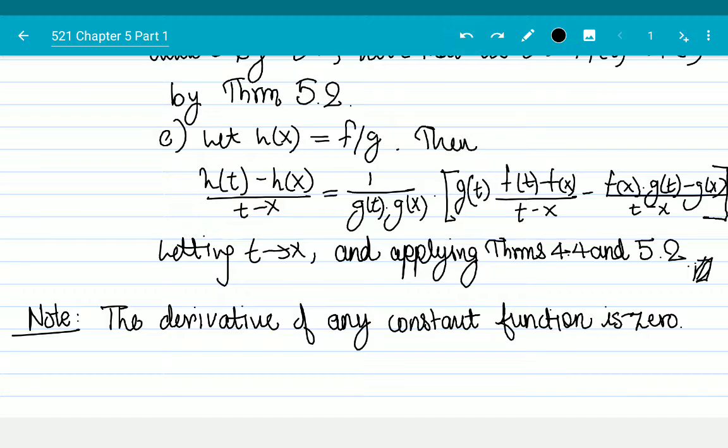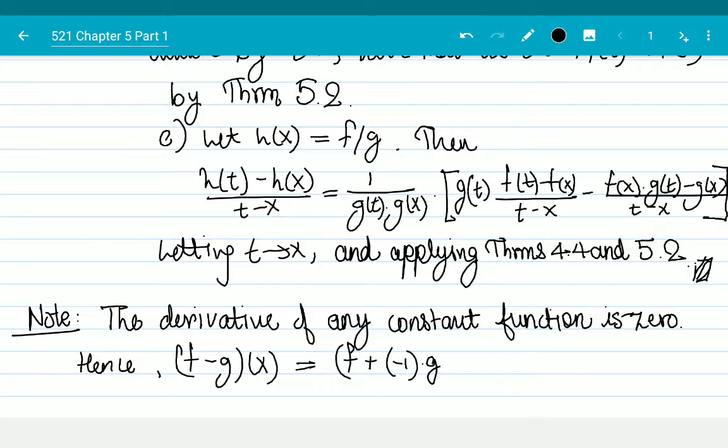Hence f minus g of x is equal to f plus -1 times g of x, and is also differentiable.